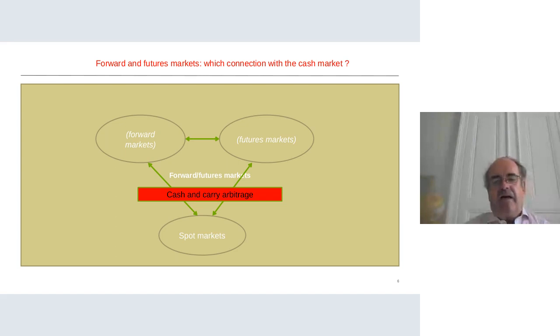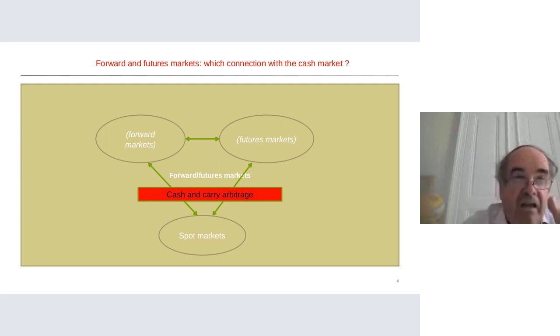Okay. After spot, we have the forward market. I explained to you some minutes ago the difference between a forward market and a futures market. I told you that a forward market is when you trade with an individual counterpart. You are able to buy forward wheat from a farmer. It's a forward trade. But you can also buy wheat on the Chicago Mercantile Exchange, which is an exchange, okay?